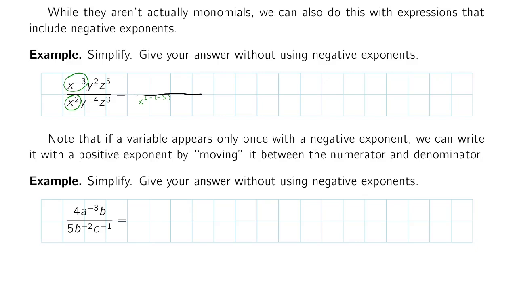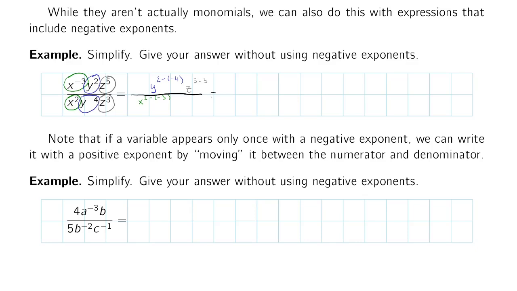For my y's, I have y to the power 2 in the numerator, y to the power negative 4 in the denominator. 2 is greater than negative 4, so I'll have y to the power 2 minus negative 4 in my numerator. And then for my z's, I have z to the 5th, z to the 3rd. 5 is greater than 3, so I'll have z to the power 5 minus 3.